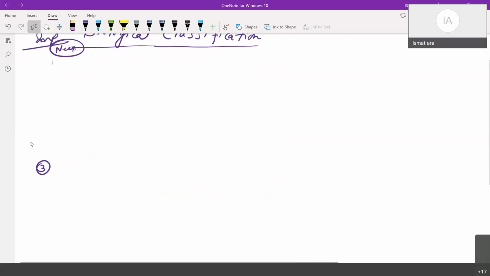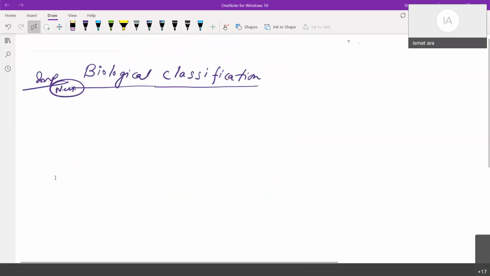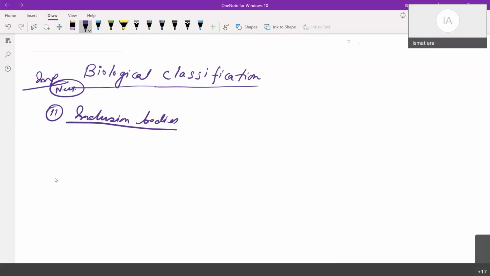Now, next one is inclusion bodies. So, what are inclusion bodies, students? Inclusion bodies are nothing but storage material actually. They are not bounded by any membrane and they are present in cytoplasm.